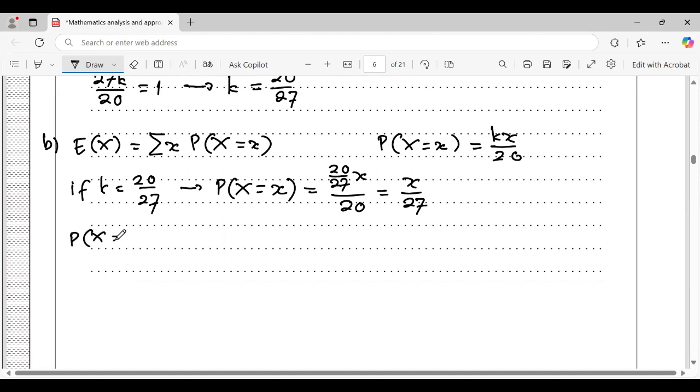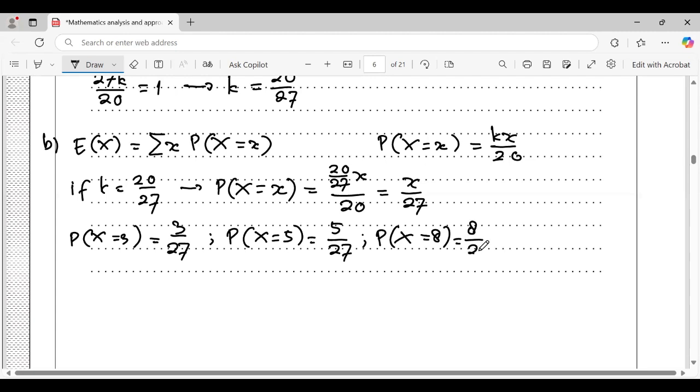Probability x equals 3 is 3 over 27 based on this information. And the probability x equals 5 equals 5 over 27. Probability x equals 8 equals 8 over 27. Okay, and then probability x equals 11 is 11 over 27.